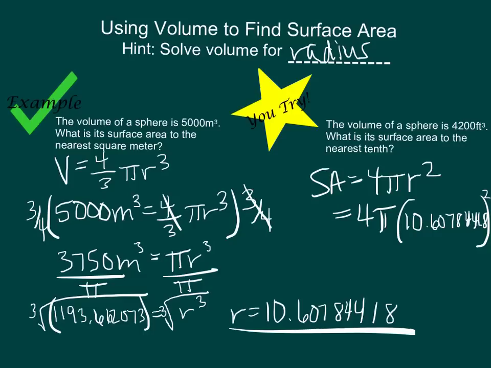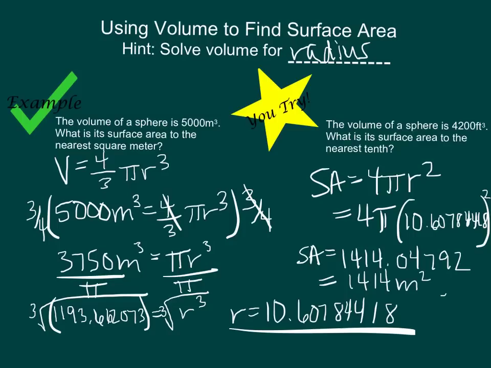And then I'm going to multiply it by 4 pi. The question does say what is the surface area to the nearest square meter. So let's write our answer, then we'll round it. We get 1414.04792. So to the nearest square meter, 1414 square meters.